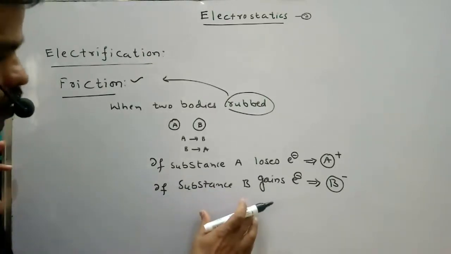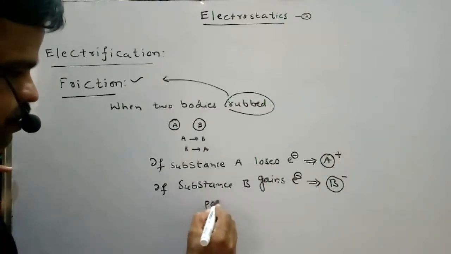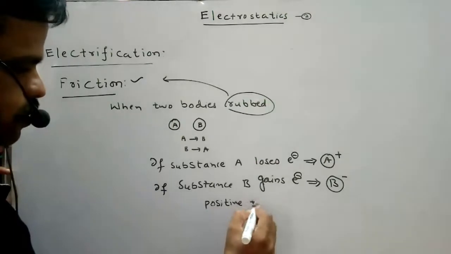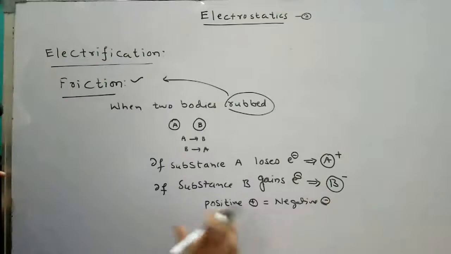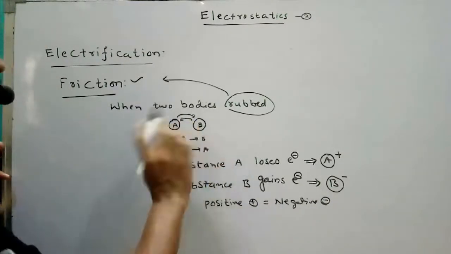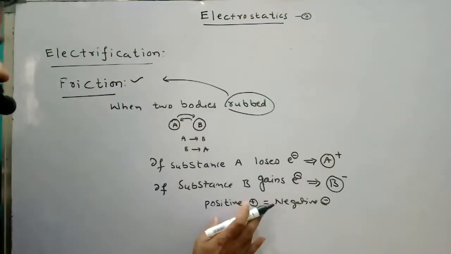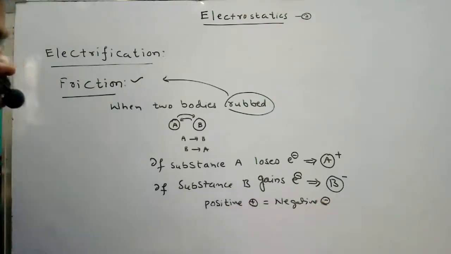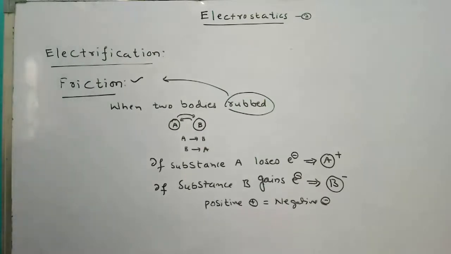Up to the point where positive charge equals negative charge, the electrons are transferred from A to B or B to A. The number of electrons in substance A equals the number of electrons in substance B. So this is friction. Due to friction, the bodies are getting charged.